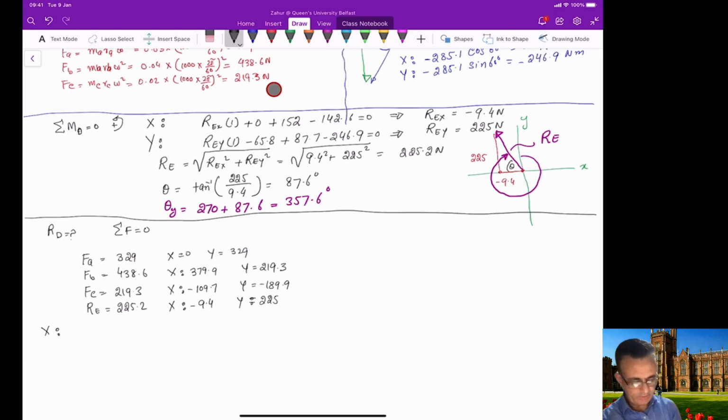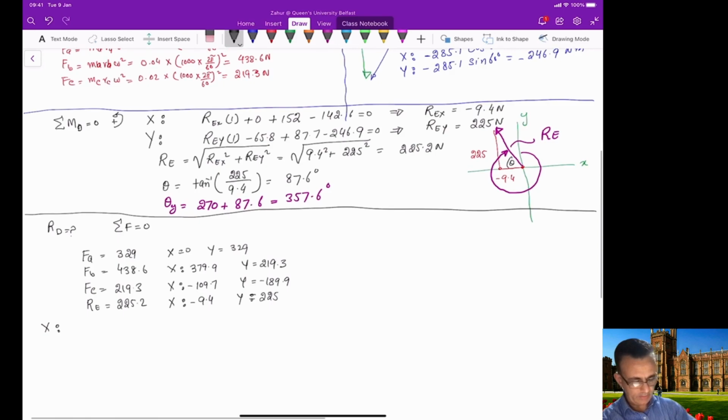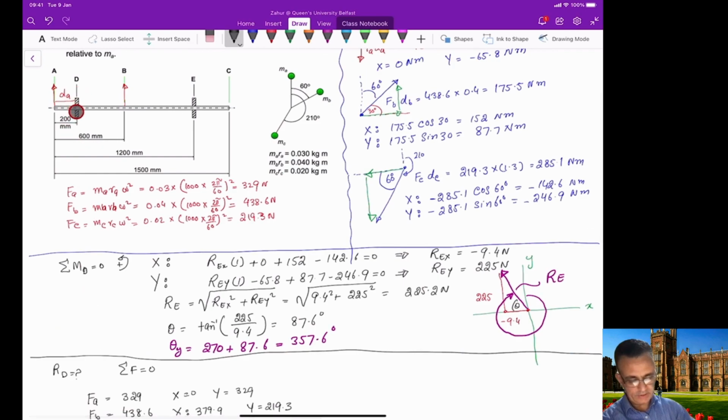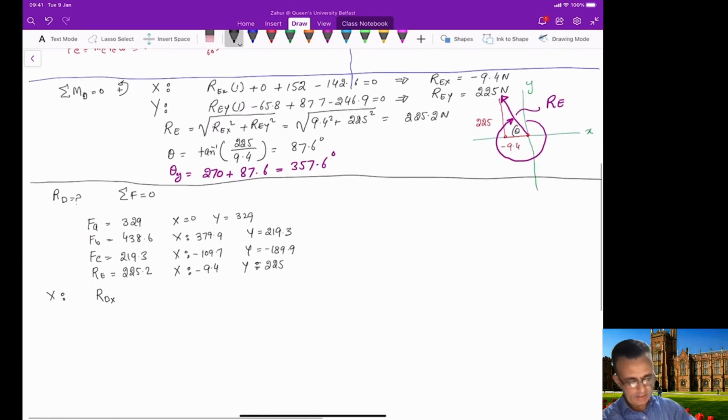So in the x direction, we will have RDx, which is the reaction force at location D, which is this location here, and then we can add all these components together here.